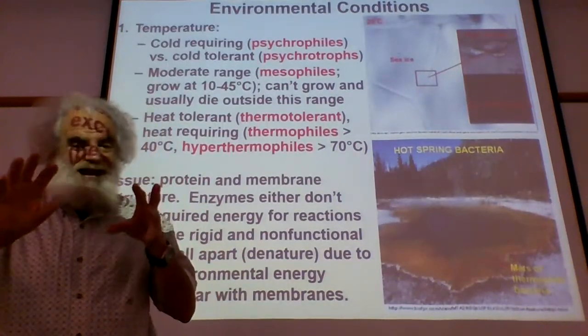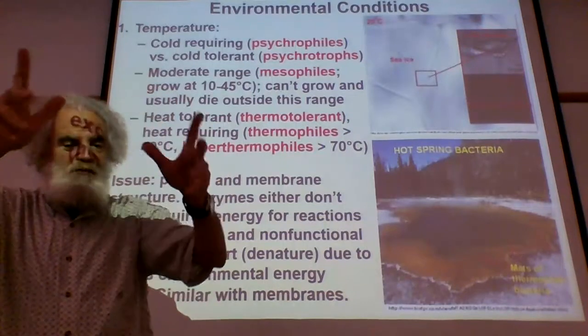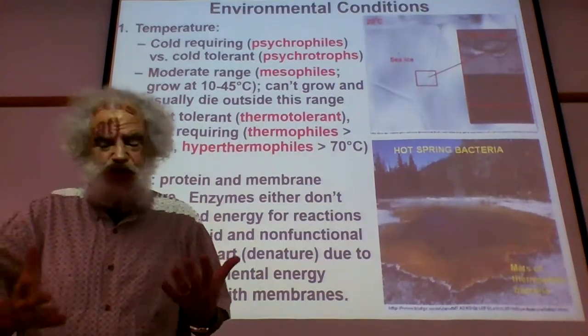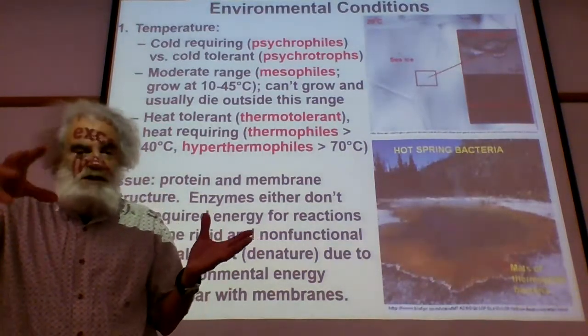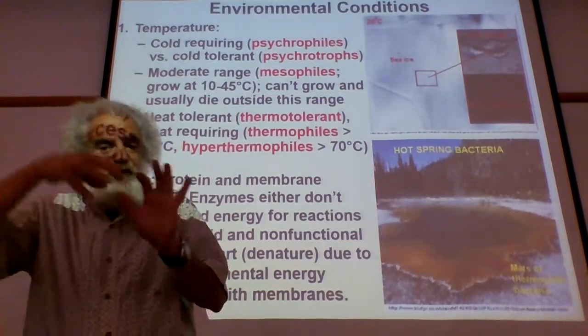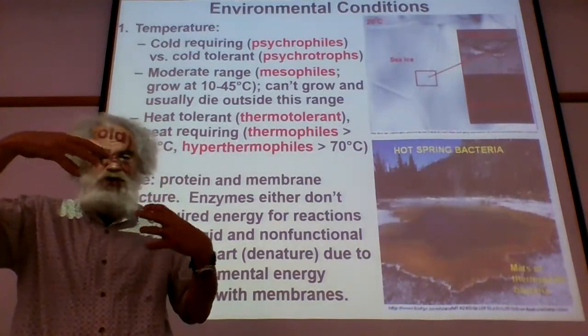But those weak secondary and tertiary bonds, those are the ones that begin to fall apart as the proteins denature, and that can happen. Those bonds don't hold together all that well, depending on the protein. Even when you're running a fever, you begin to break them a little bit. So proteins begin to lose their structure at higher temperatures.